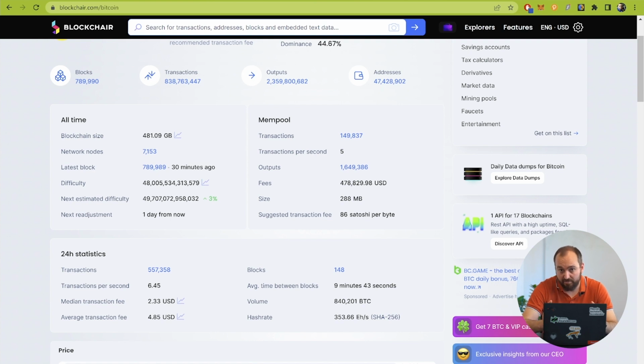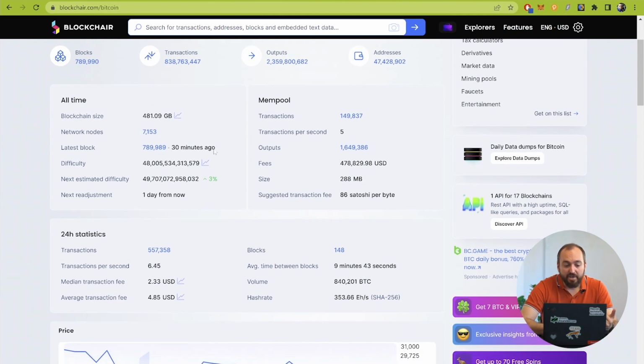It's not big right now, but it's growing permanently. We can see the number of nodes, which means the number of miners, when the last block was mined, the difficulty, and some really technical information that we are not touching.